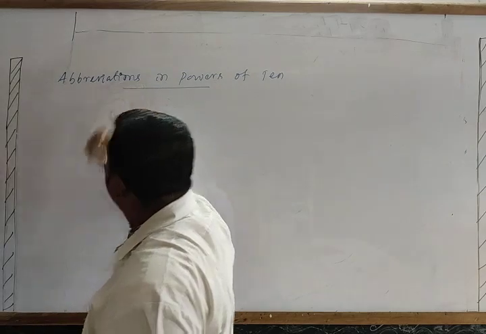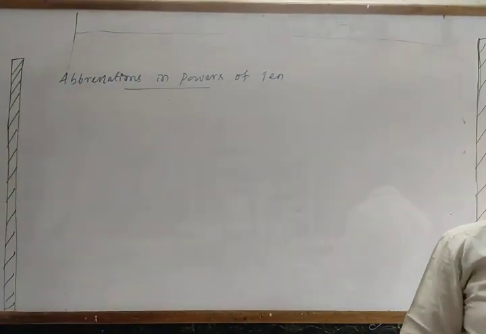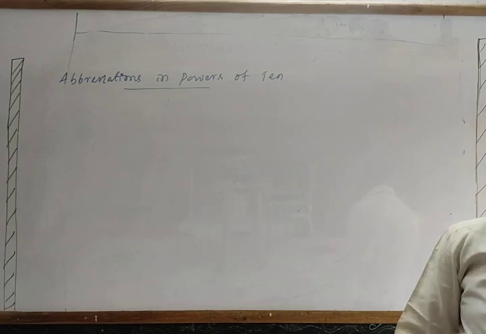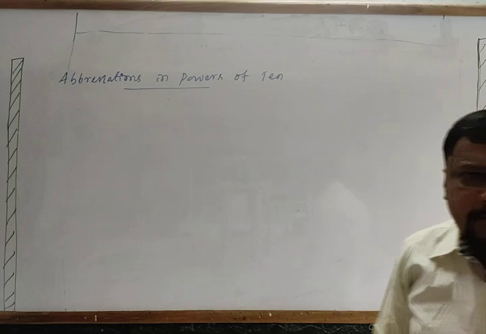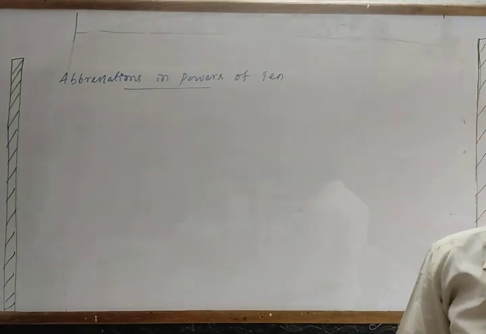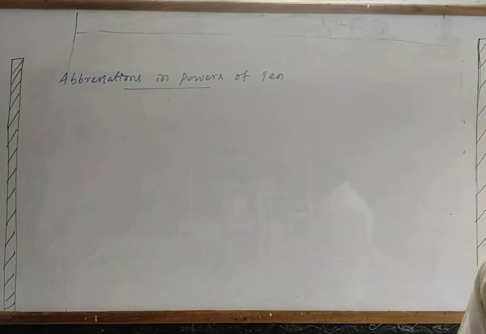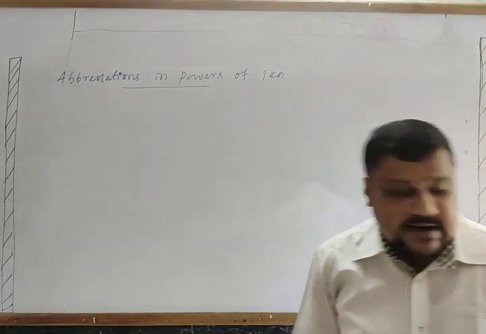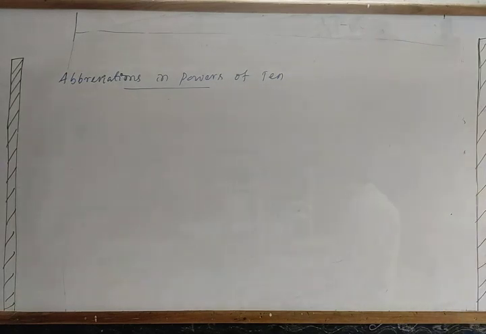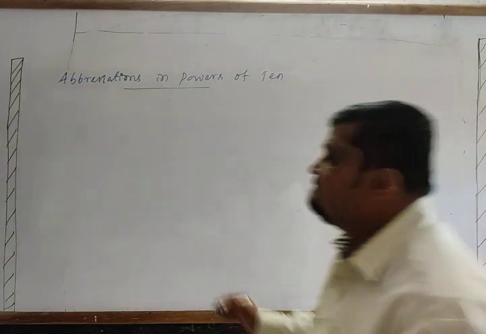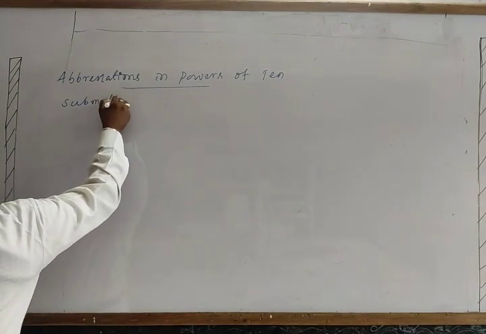What are the abbreviations we are using in powers of 10? Here I will make this in two parts: submultiples and multiples. Submultiples are the negative powers of 10, and multiples are the positive powers of 10. First I will take the submultiples.